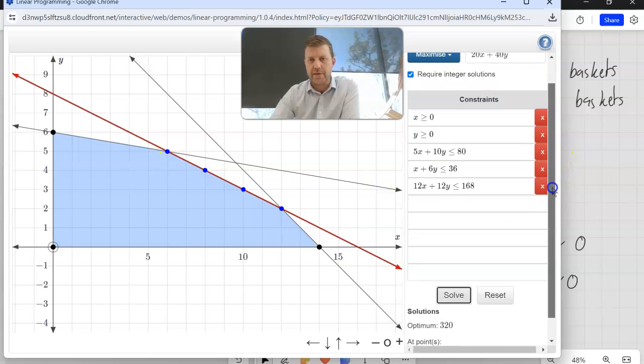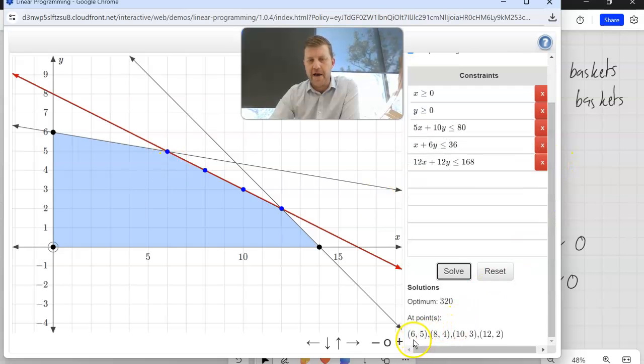If I scroll down, it does the working out for me: at coordinates 6, 5, so 6 small and 5 large baskets; at coordinates 8, 4, 8 small, 4 large; 10, 3; and 12, 2. The profit will be $320 at all 4 of those combinations of small and large baskets.